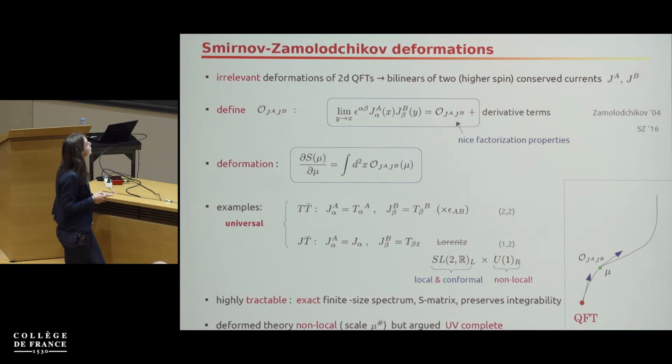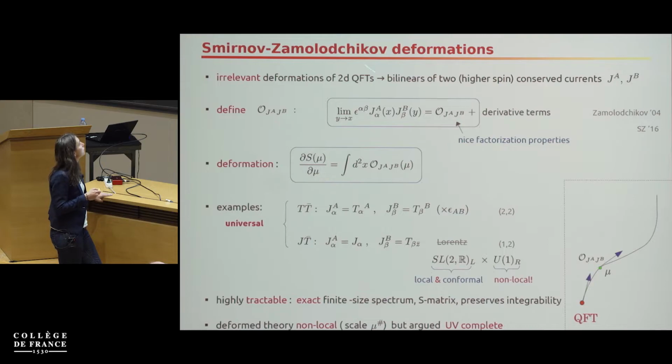Okay, so what are the Smirnov-Zamolodchikov deformations? They're irrelevant deformations of two-dimensional quantum field theories, which are constructed as bilinears of two conserved currents, J^A and J^B. So what I do is the following. I take this particular antisymmetric combination of the current components, the components are alpha and beta, at two nearby points, x and y.